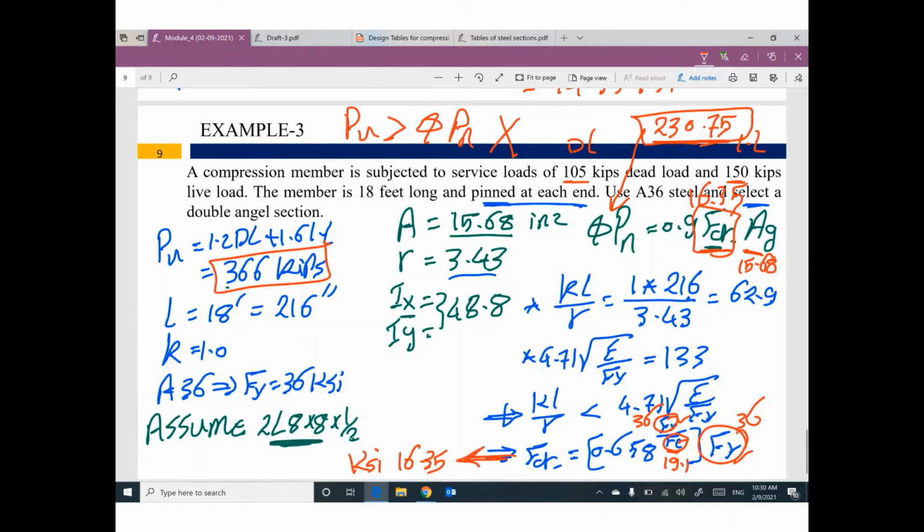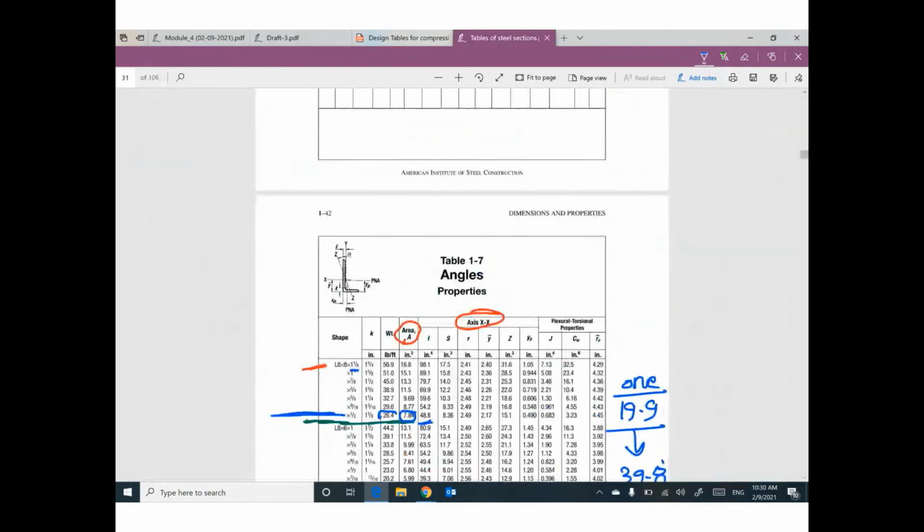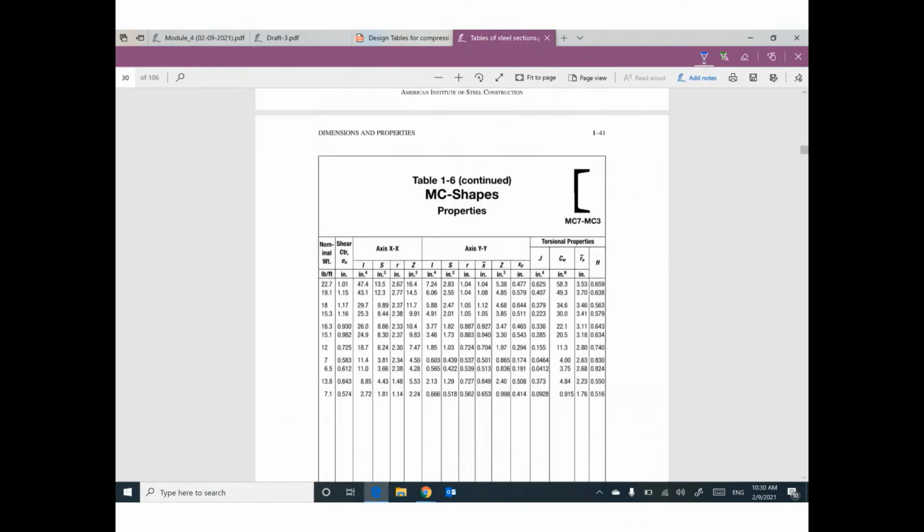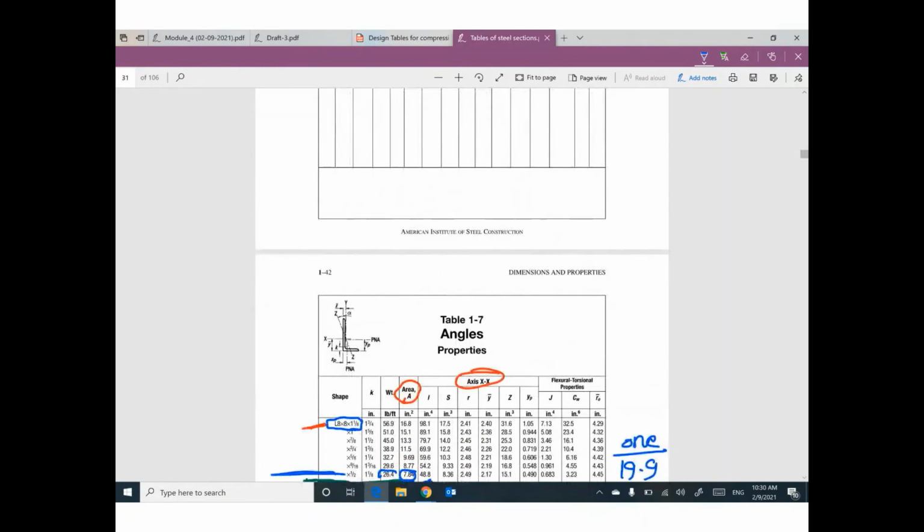One of you will say, hey, if I tried the biggest one, L angle 8 by 8 by 1 inch and 1/8, and it doesn't work, what should I do? We don't have any bigger cross section. What should I do? Please change the cross section.